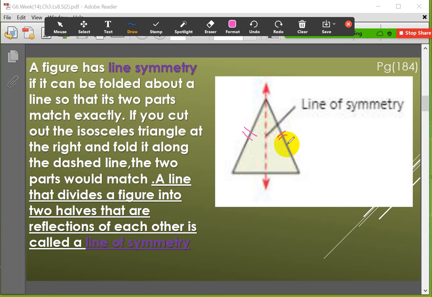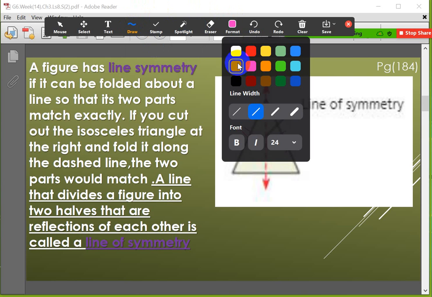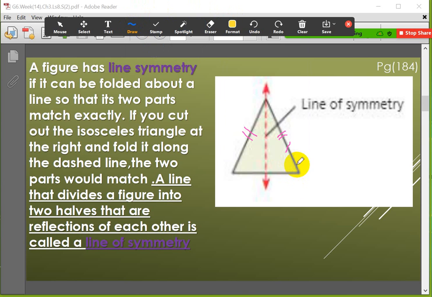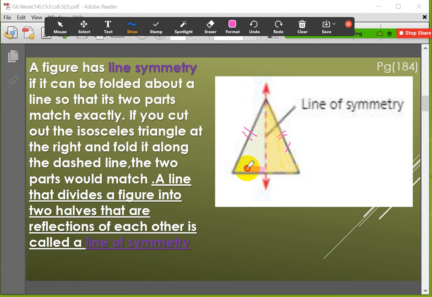That means both sides are the same. This side I will color in yellow, and this one in pink. Look, those sides are the same, exactly the same.